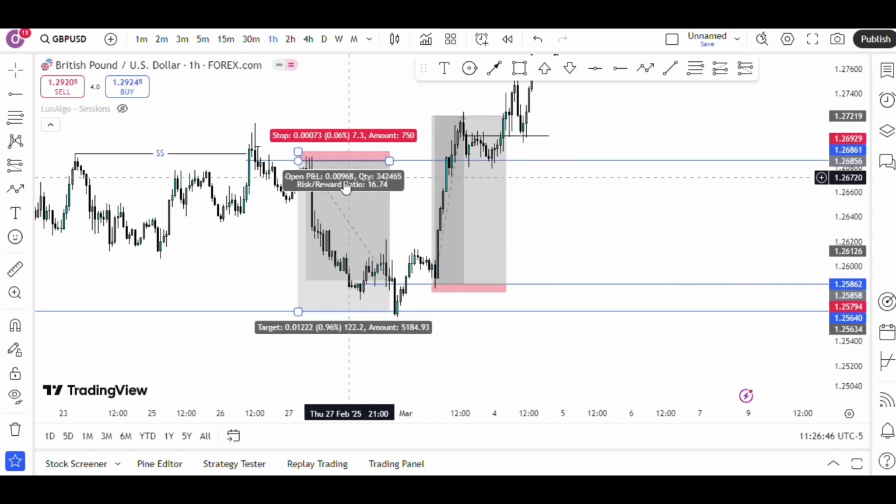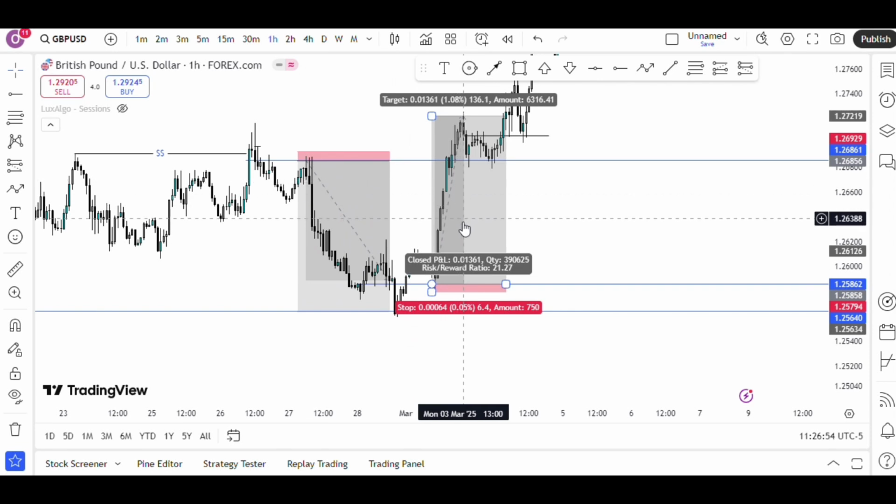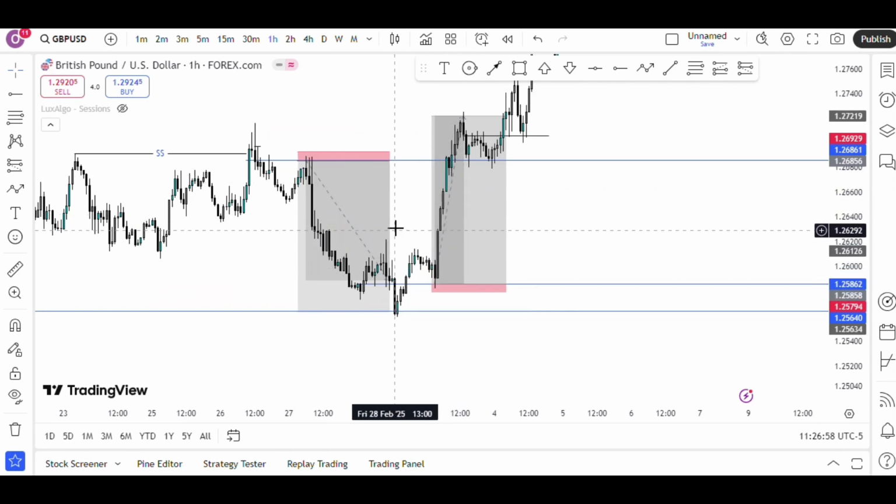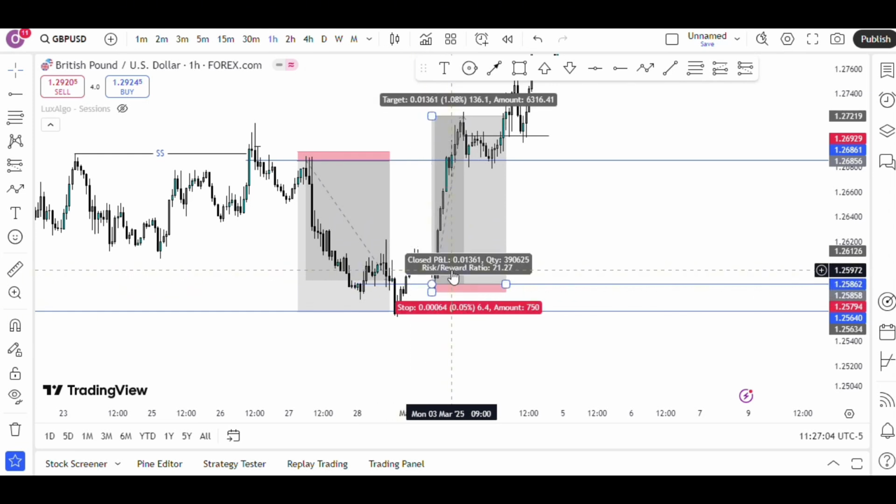So this particular one gave me about 1,500. Are you getting me? And this very one here gave me around 1,700, but I withdrew some money from it.